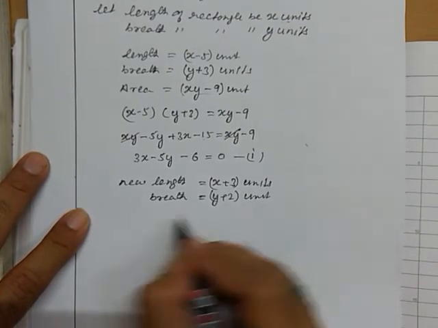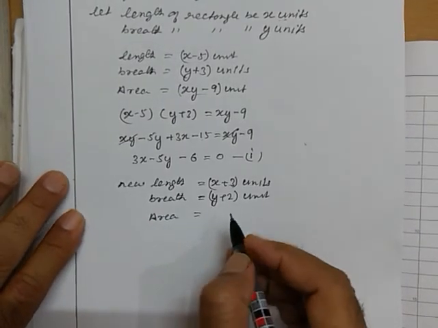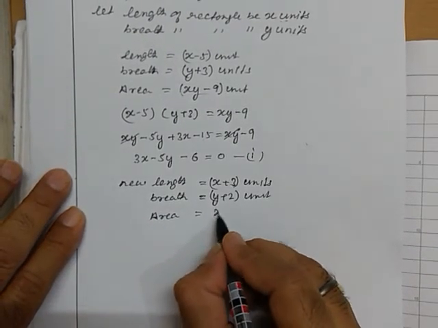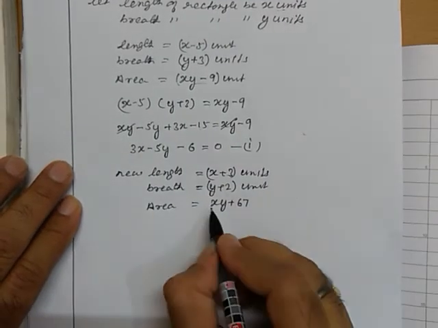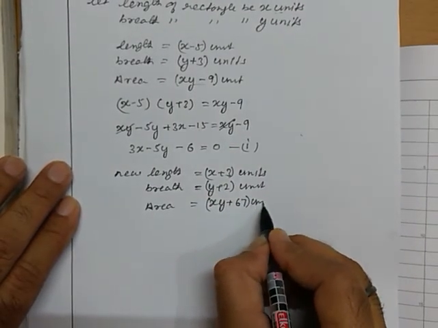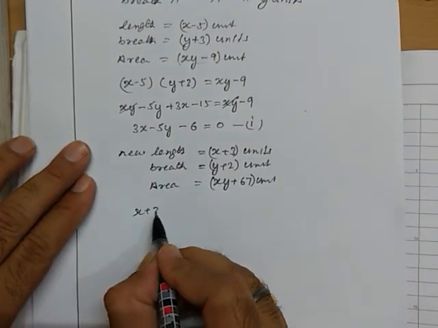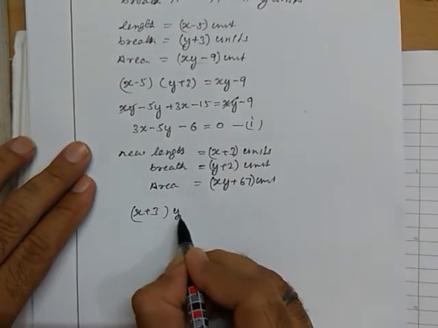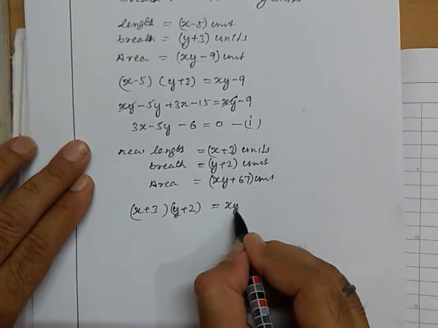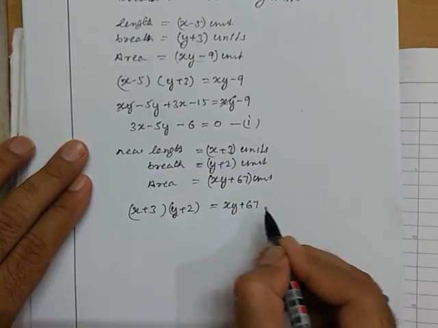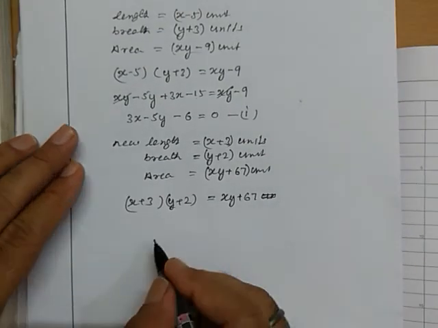The area is increased by 67 square units, that means xy plus 67. The equation formed will be x plus 3 into y plus 2 is equal to xy plus 67. I hope it is clear.